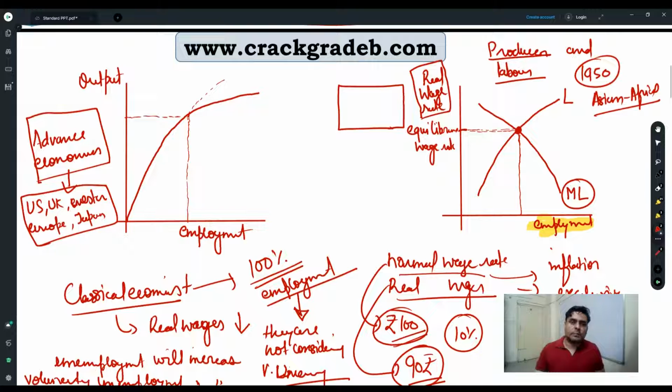For example, in the United States of America, most of the people are not interested in the government job. So that is why the government says, okay, we will give you the job on a contract basis.